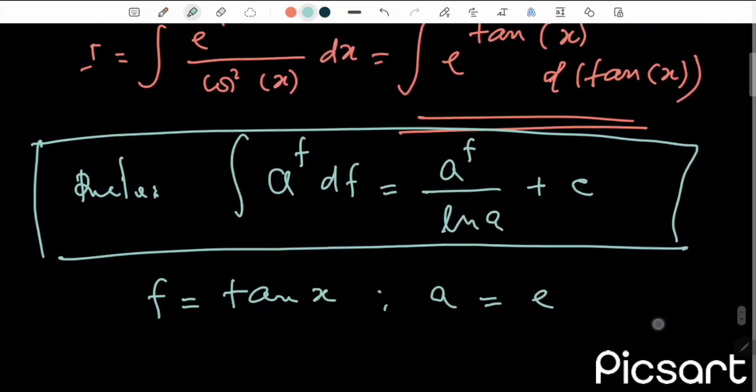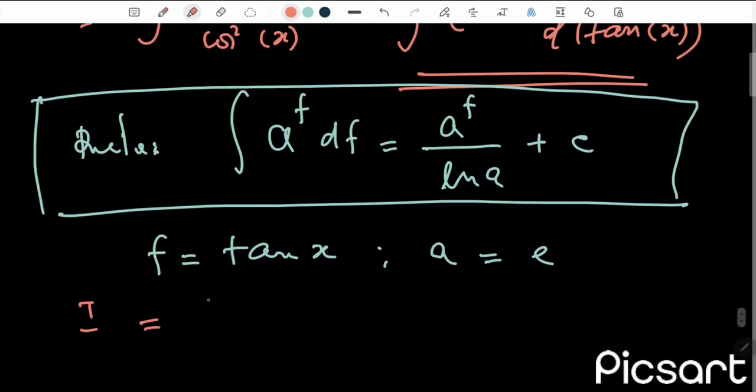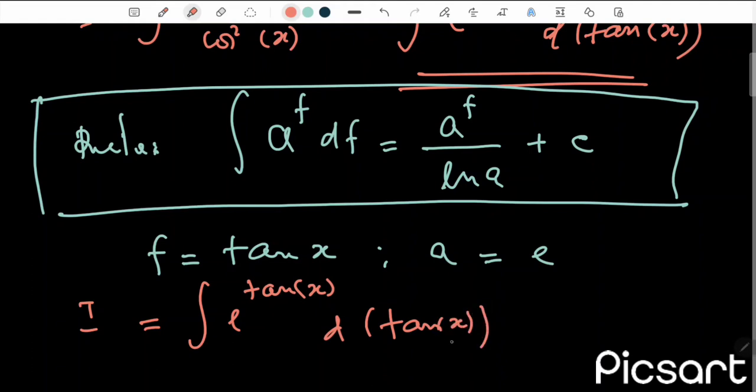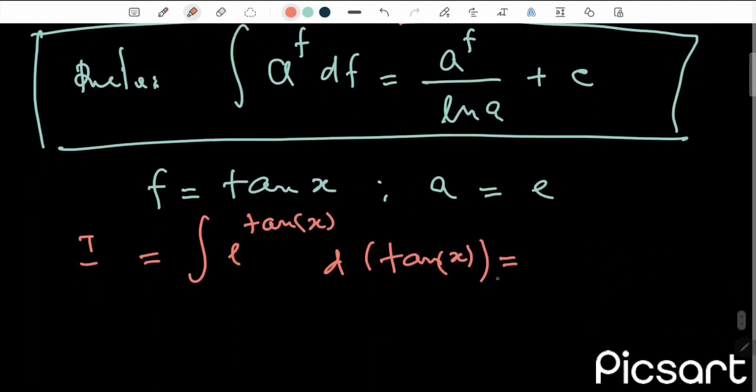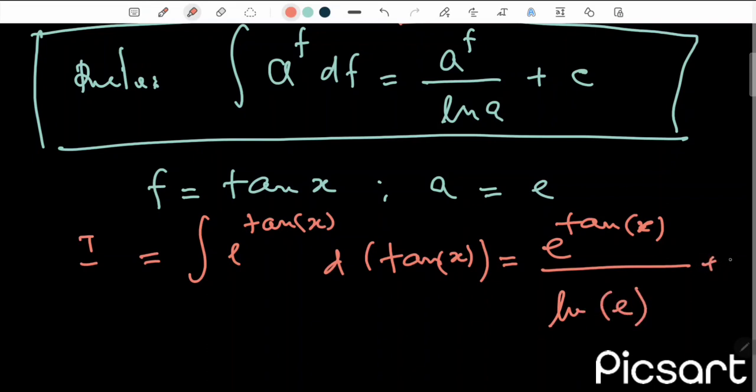So that now I equal to the integral of e to the power tan of x d of tan of x is equal to e to the power tan of x over ln of e plus c, and we know that ln of e is equal to 1.